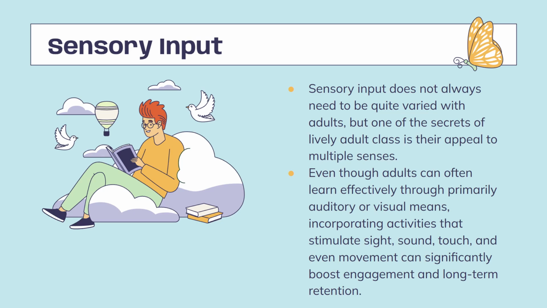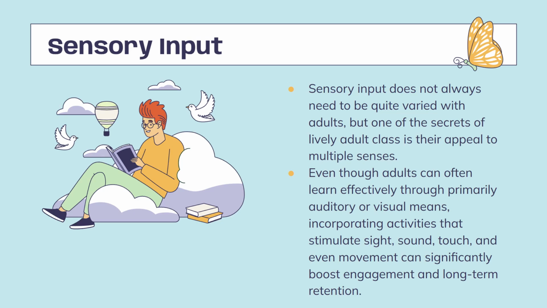So the third point is sensory input. For teaching adults, sensory input does not always need to be quite varied, but one of the secrets of a lively adult class is an appeal to multiple senses. It means adults don't always need a lot of different types of learning materials, but one way to make an adult class more lively is to use activities that involve more than one sense.